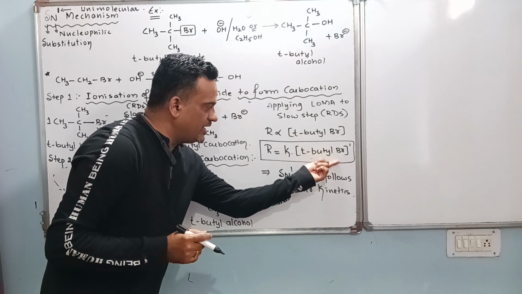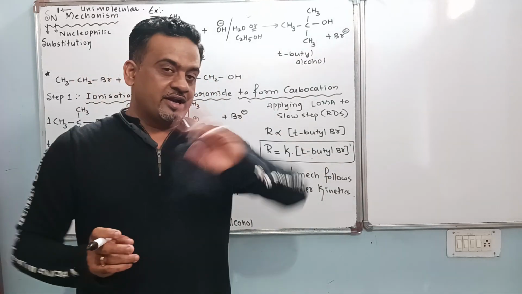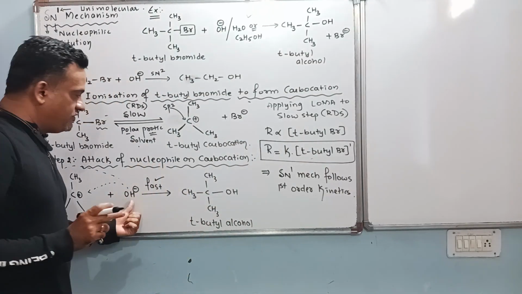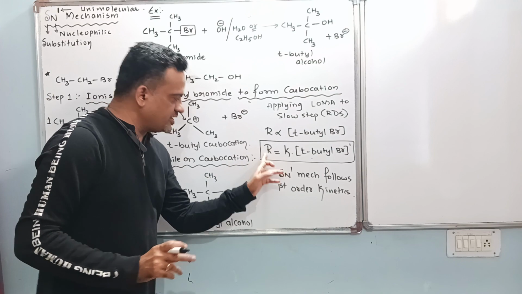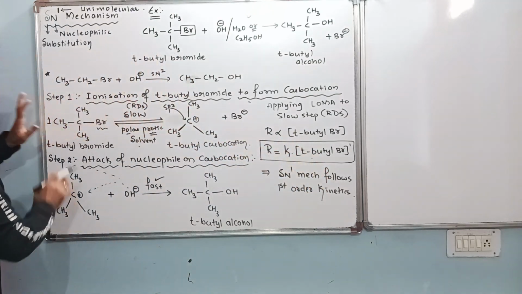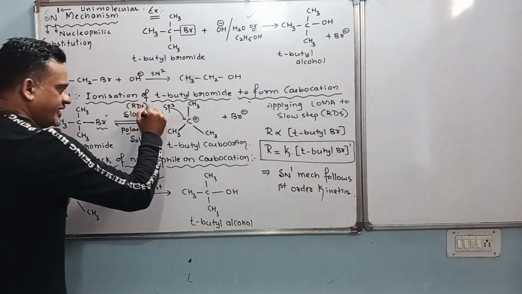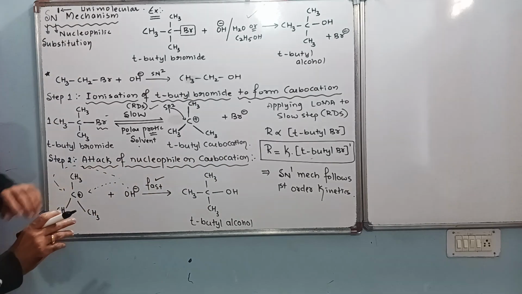For example, if you double it, the rate doubles. If you triple it, the rate triples. Even if you double or triple the concentration of the nucleophile, that has nothing to do with the rate of reaction. The rate of reaction is only dependent on tertiary butyl bromide, because only that is there in the rate determining step, which is the slow step. So this is all about the Sn1 mechanism.